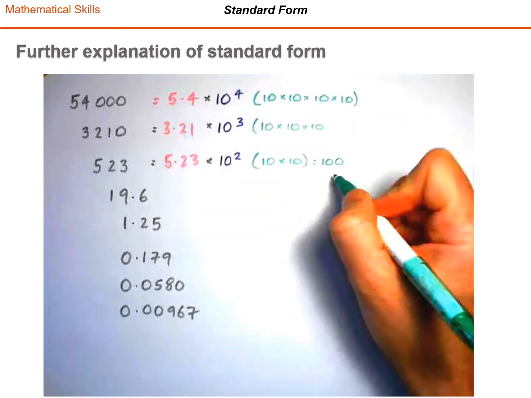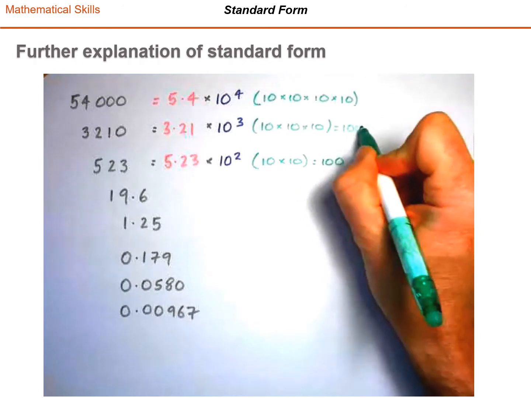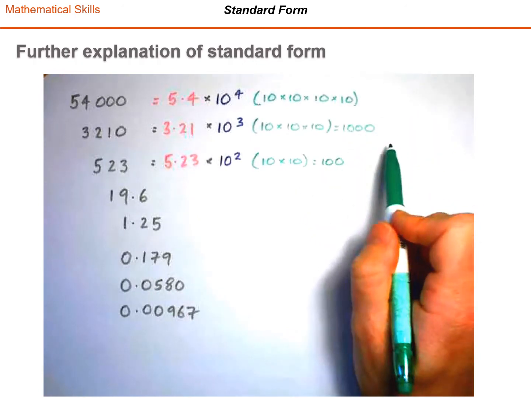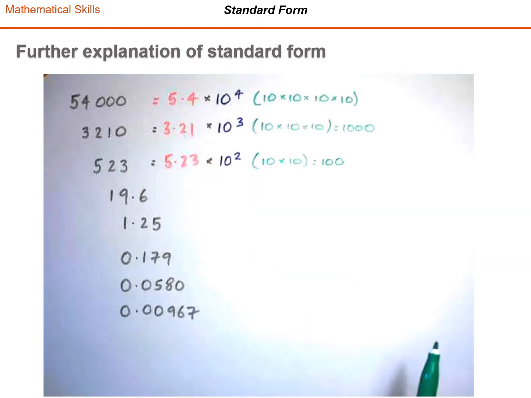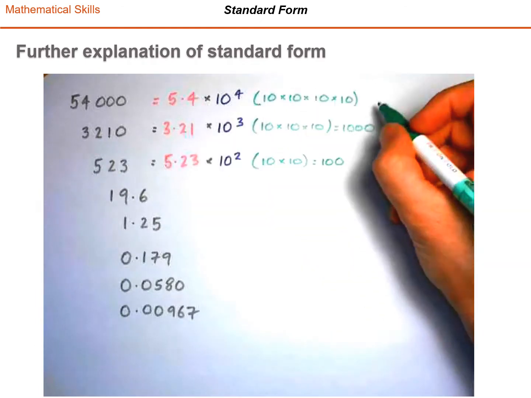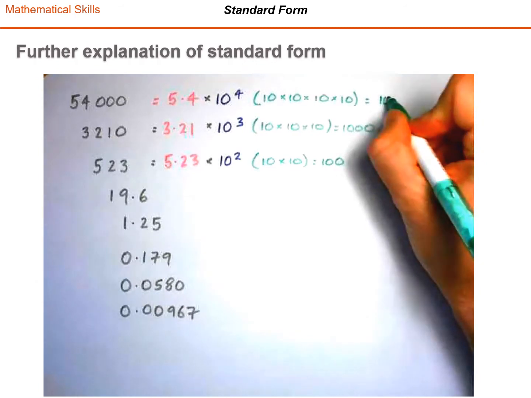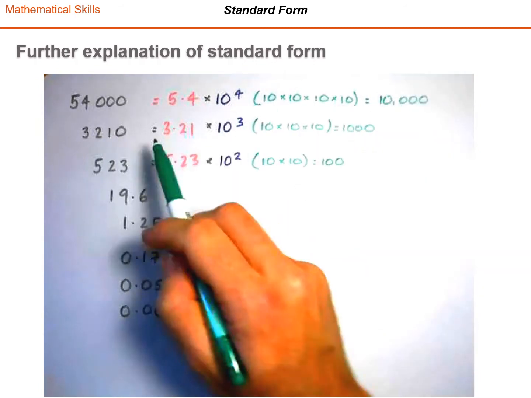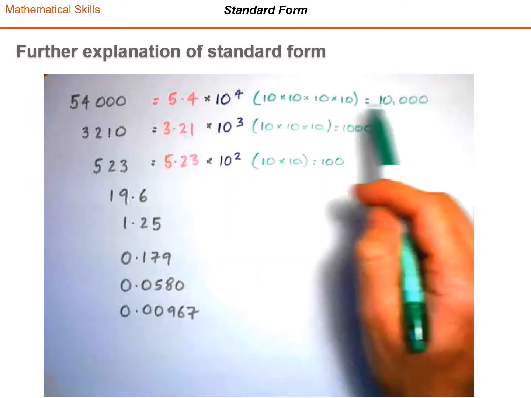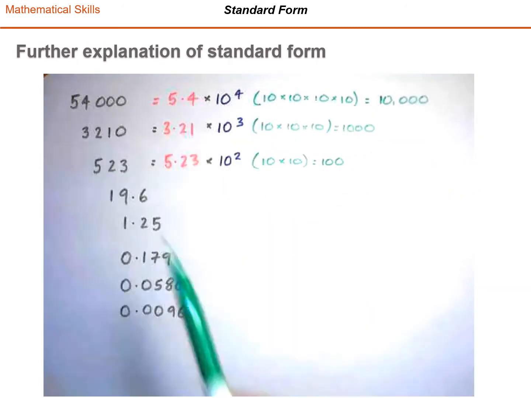It's 10 lots of 100. That gives us 1000. So 1000 multiplied by 3.21 gives us 3210. And 10 to the 4 means 10,000, so we're doing 5.4 multiplied by 10,000, and that gives us 54,000.